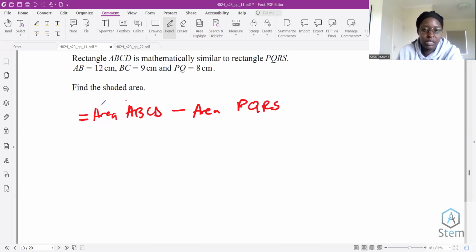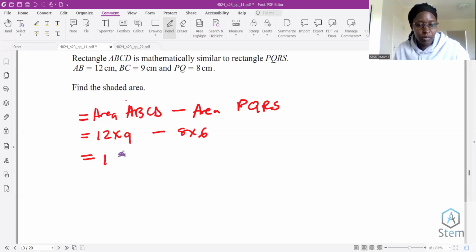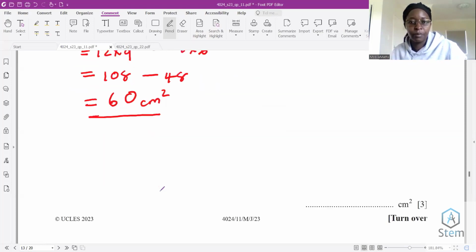That's how we are going to get the shaded region. So this is going to be 12 by 9 minus 8 by 6. We get 108 here minus 8 by 6, that's 48. If we subtract these two, we get 60 centimeter square. That's how we get the shaded area.